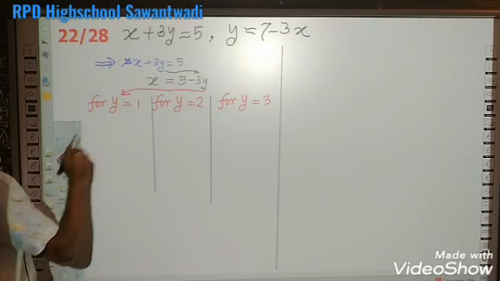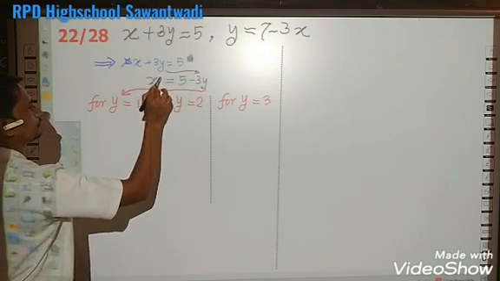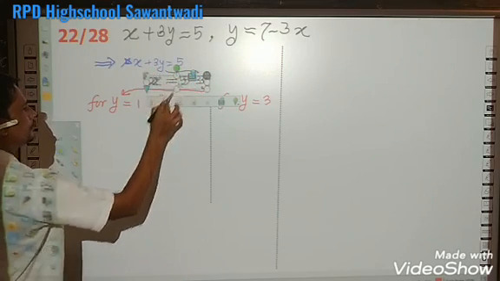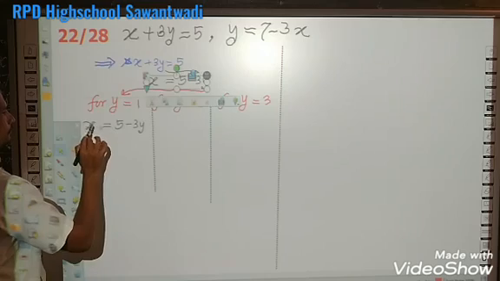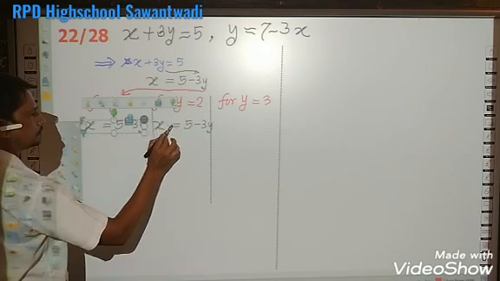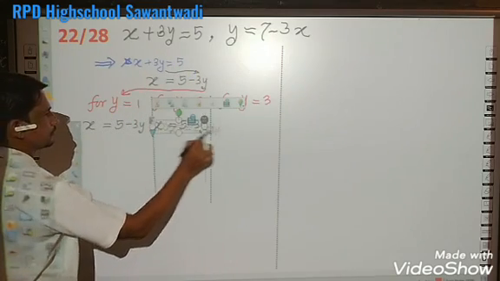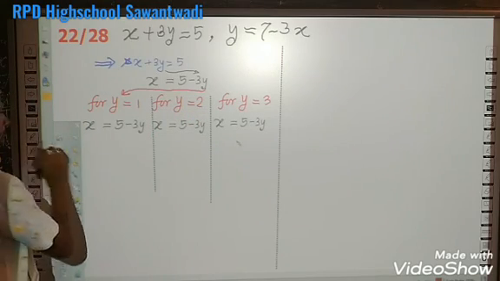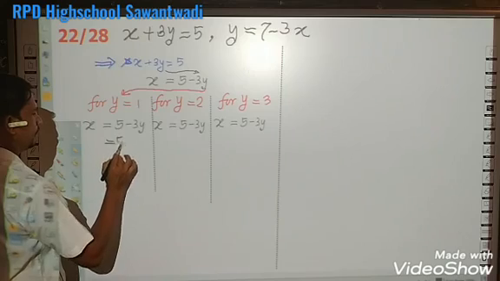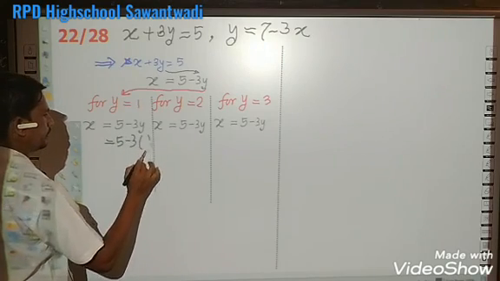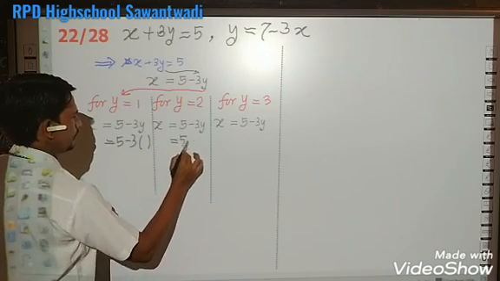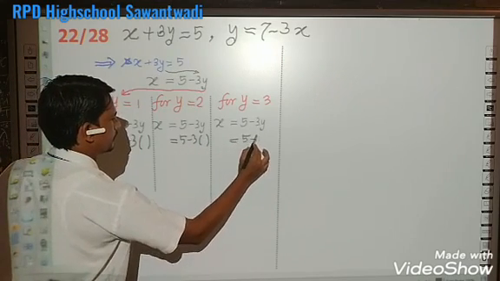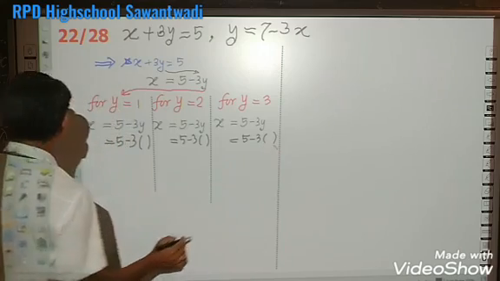So we will copy this equation, which will give you the value of x, value of x and value of x, is equal to 5 minus 3 into bracket, 5 minus 3 into bracket, and 5 minus 3 into bracket.